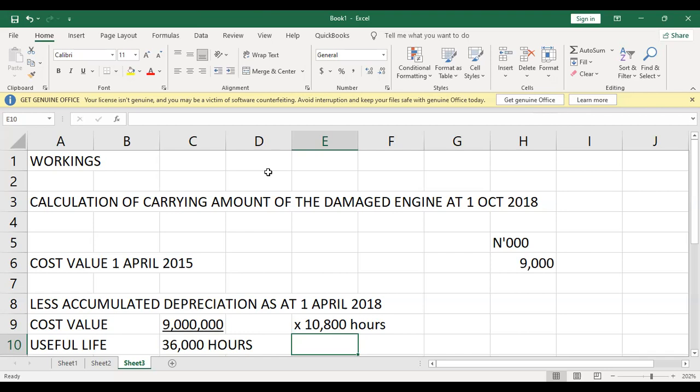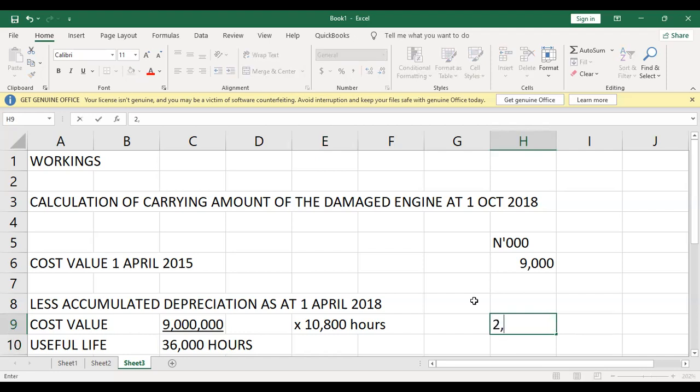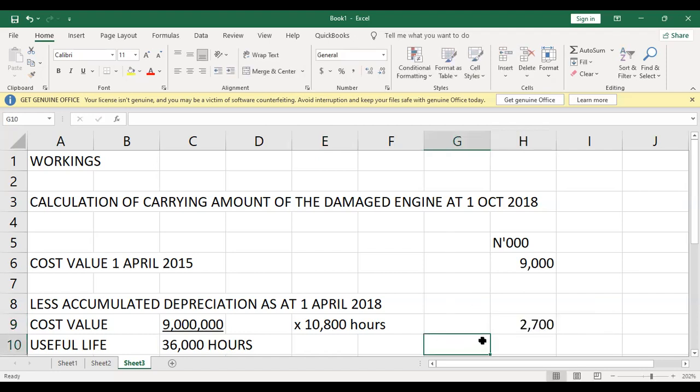You understand? That's what depreciation is all about. We are removing the value of what we've used already. So what do we have now? 9 million divided by 36,000 hours times 10,000 hours. How much? 2,700,000.